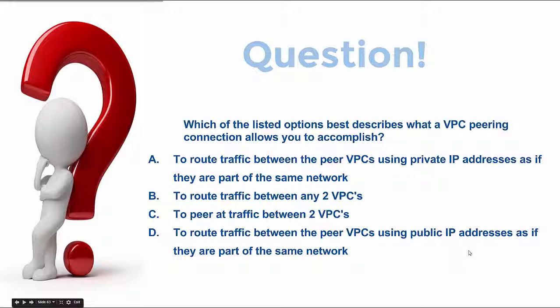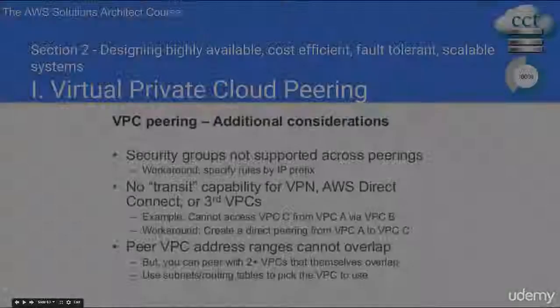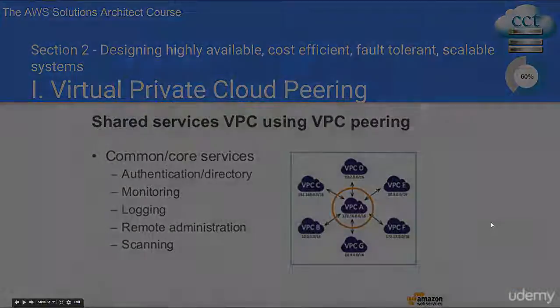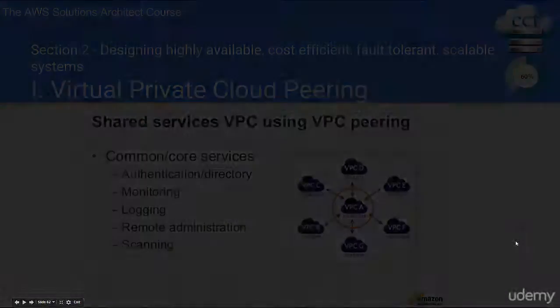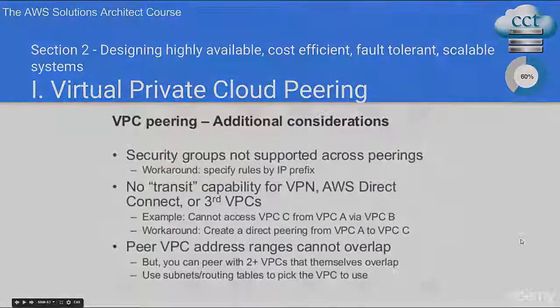Okay, so if you remember back at this other slide, I'll jump back a few. Okay, and our definition of VPC peering connection is a networking connection between two VPCs that enables you to route traffic between them using private IP addresses. Okay, excuse me for jumping through these slides like this.